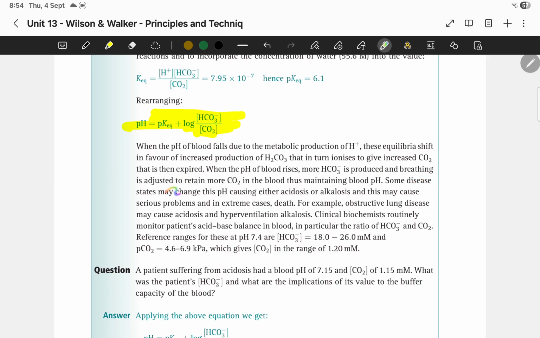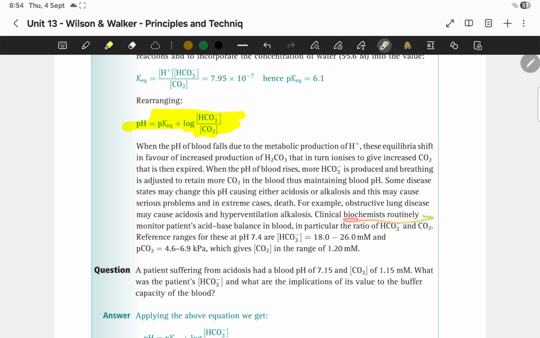Large changes in this pH cause either acidosis or alkalosis. This causes serious problems in extreme cases. For example, obstructive lung disease may cause acidosis and hyperventilation, alkalosis.